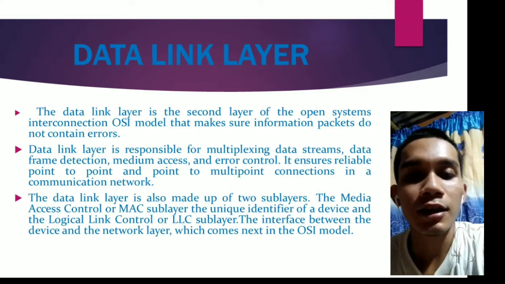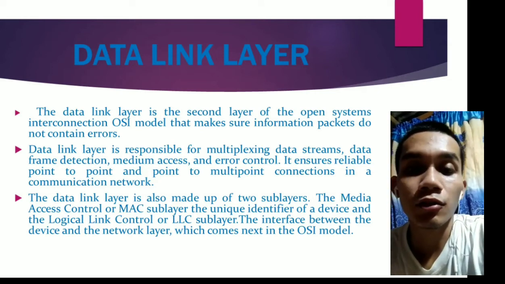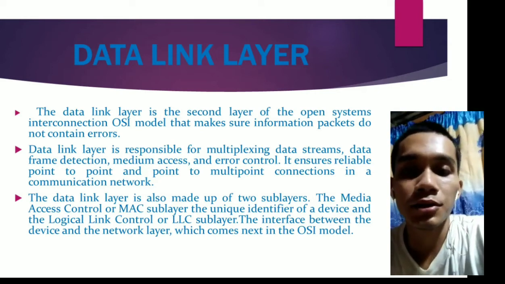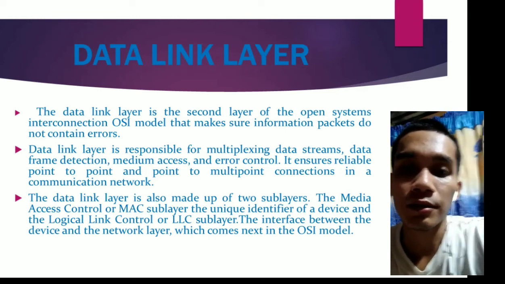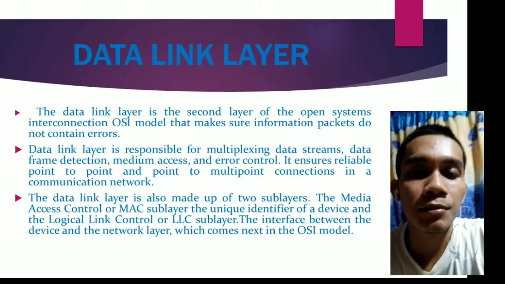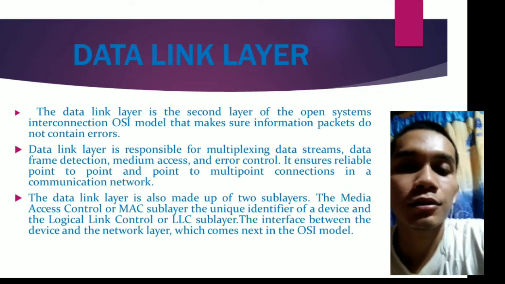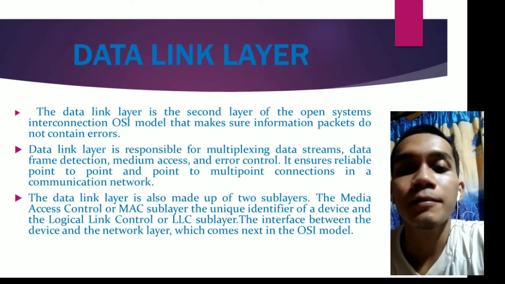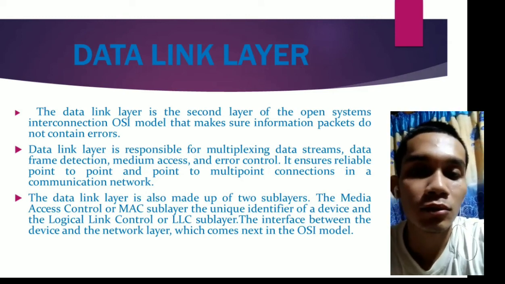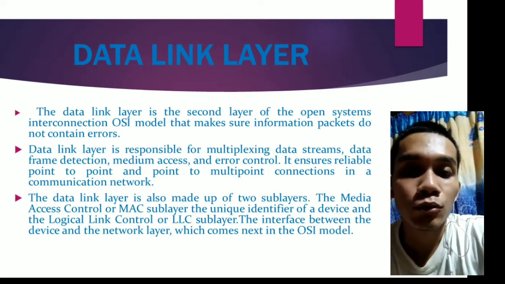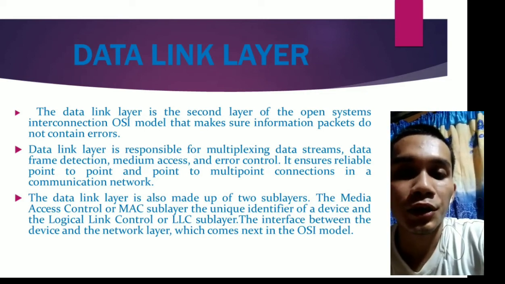The data link layer is the second layer of the Open System Interconnection or OSI model that makes sure the information packets contain no errors. The data link layer is also responsible for multiplexing data streams, data frame detection, medium access, and error control. It ensures reliable point-to-point and point-to-multipoint connections in a communication network.